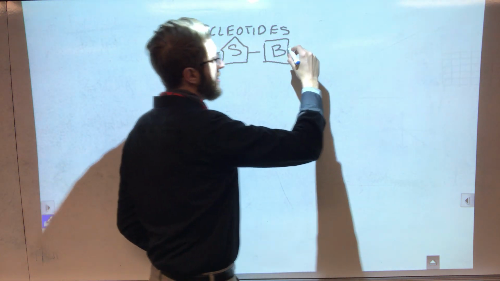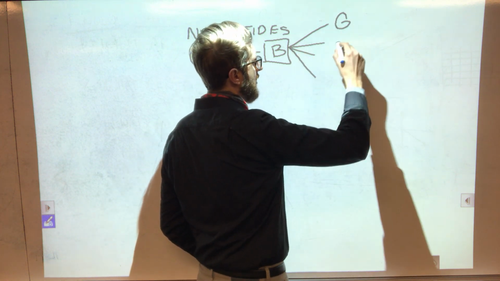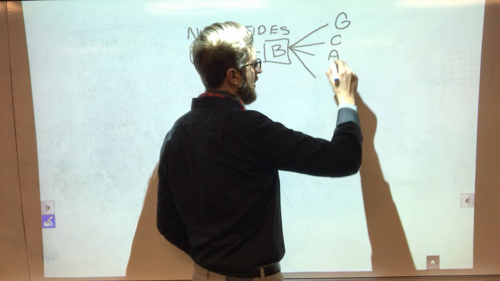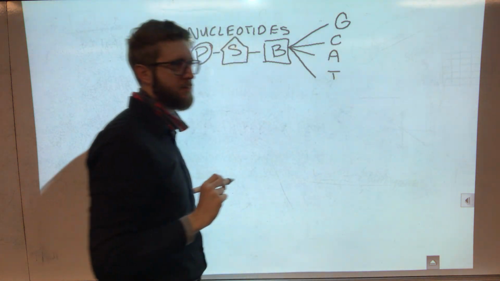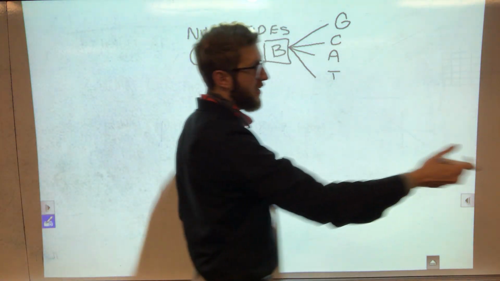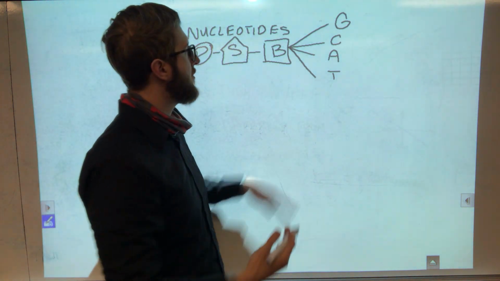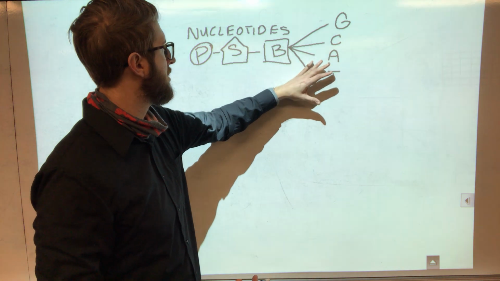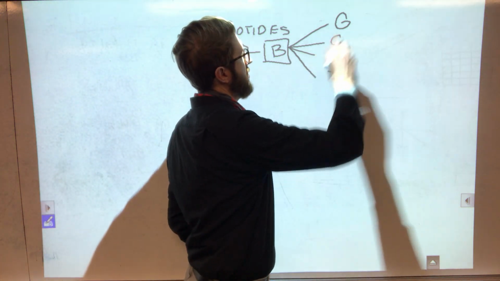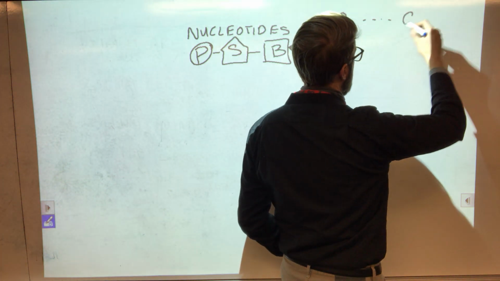Now, these bases, there are 4 different kinds in DNA. We call them G, C, A, and T. So on the other side, remember DNA is double-stranded. Okay, so across from every one of these bases, you have other bases connected by hydrogen bonds.